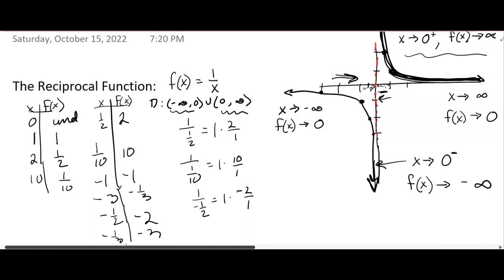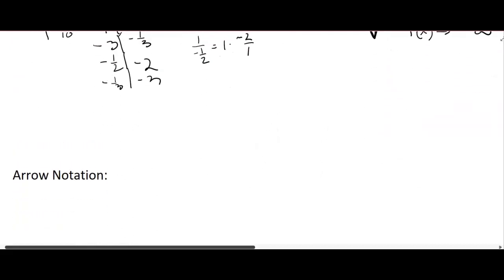Okay. So, pretty much I covered the arrow notation. So we can think about this graph one more time. This is a very rough sketch of that reciprocal function. That doesn't even look good. It should be symmetric about the origin, but anyway, I just want to go over the arrow notation. So, let's do the positive side first.